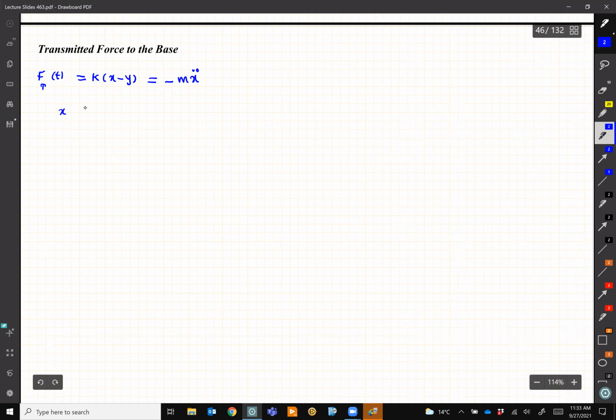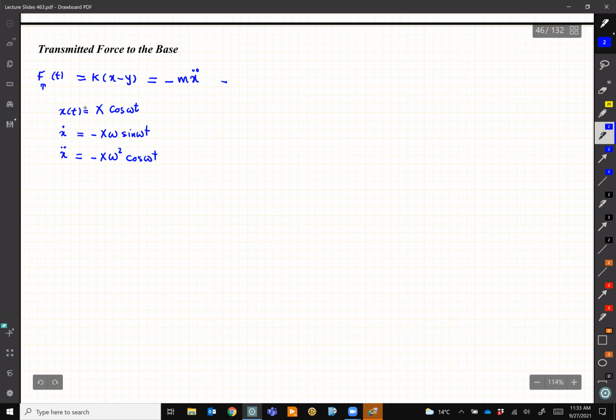Luckily, we found this x(t). We know this x(t) is X cosine omega t, right? And X has a formula, which we know. So if I take the derivative, x dot is going to be minus X omega sine omega t, and another derivative gives minus X omega squared cosine omega t.